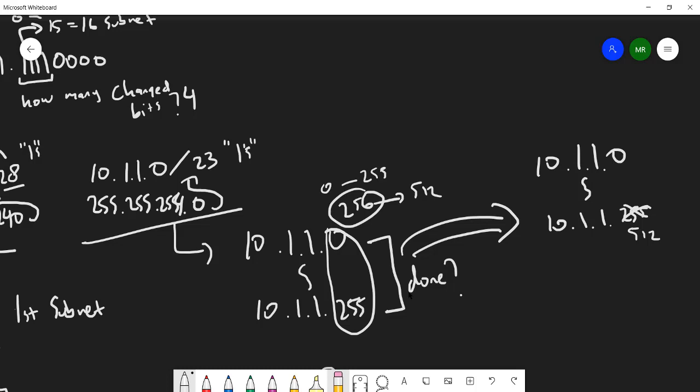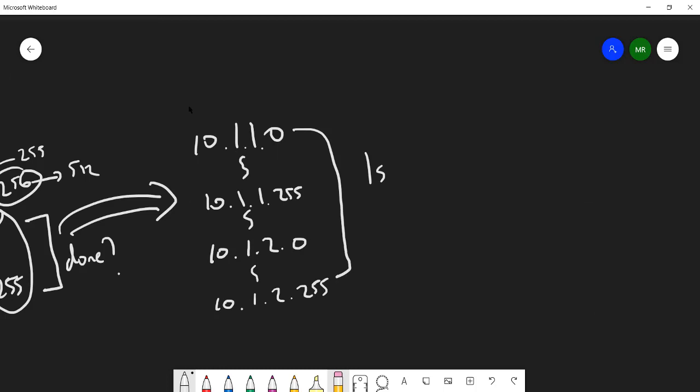But here's the catch. 10.1.1.0 up to 10.1.1.255 is still less than 512.